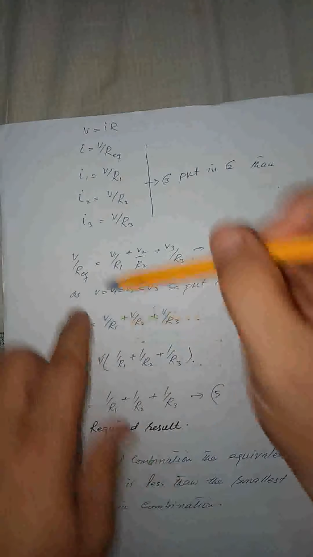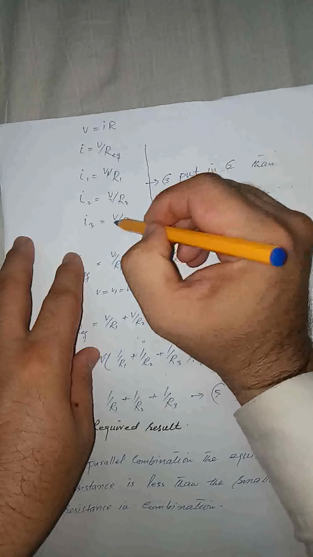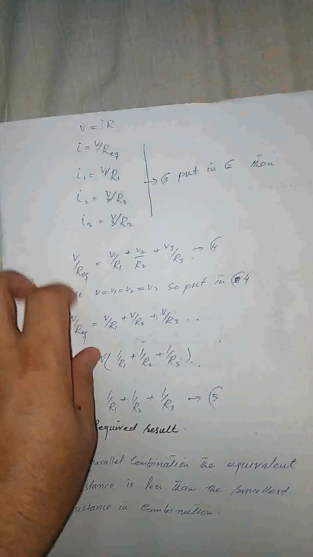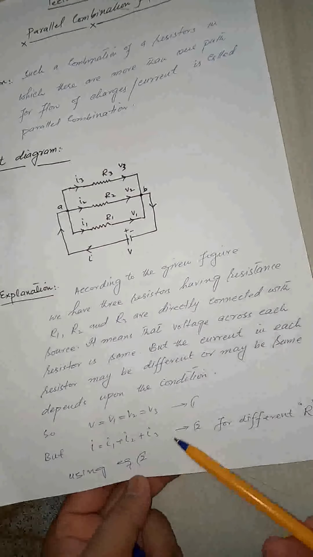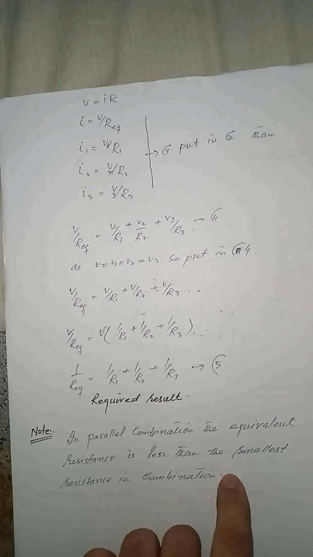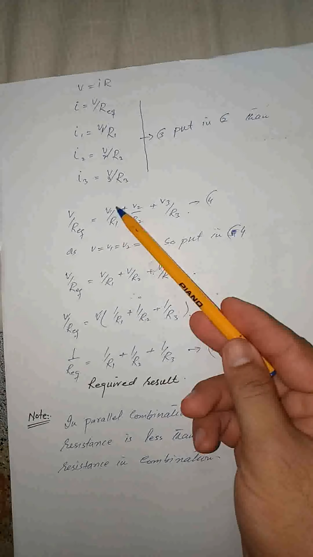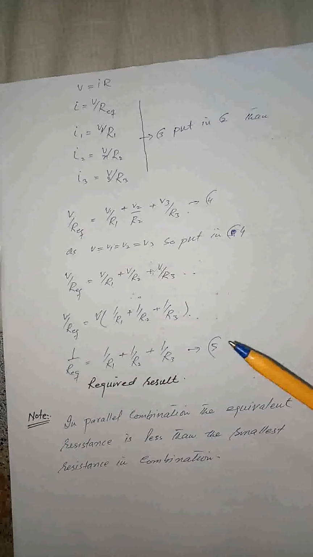If we put here 1, 2 and 3, then your confusion will be removed. So putting this equation 3 in this equation 2, then we can write it is V divided by R equivalent is equal to V1 by R1 plus V2 by R2 plus V3 by R3.